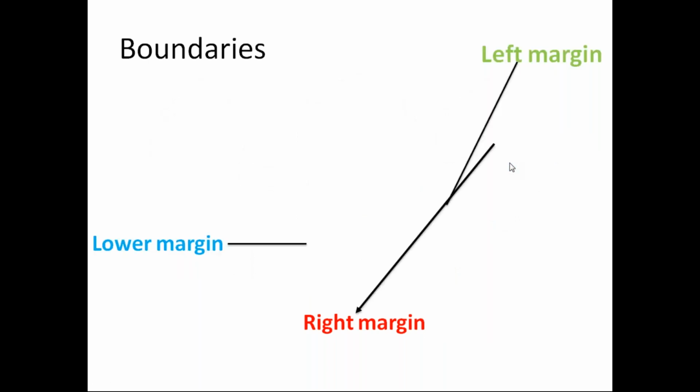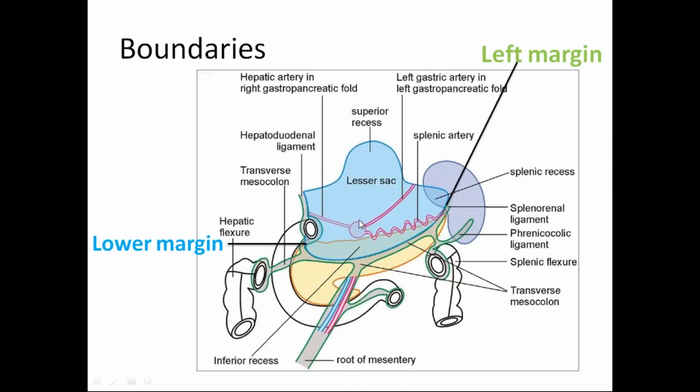Now see the left margin. Actually the left margin is formed by two ligaments. One is the lienorenal ligament, and the other one is the gastrosplenic ligament. The lienorenal ligament is otherwise called the splenorenal ligament.